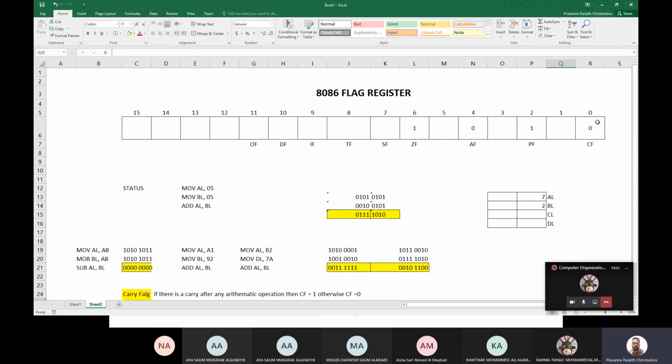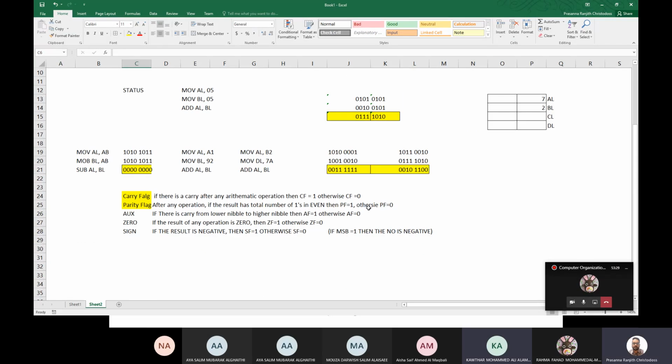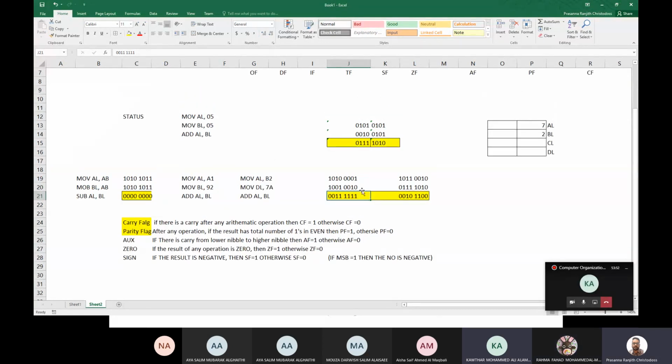This is the least significant and this is the most significant bit. Here, the most significant bit is 0, so the number is positive. If the last value is 1, it is a negative number. You understand?